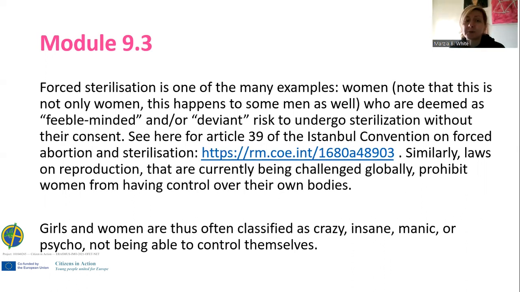Similarly, laws on reproduction that are currently being challenged globally prohibit women from having control over their own bodies. Girls and women are thus often classified as crazy, insane, manic, or psycho, not being able to control themselves.